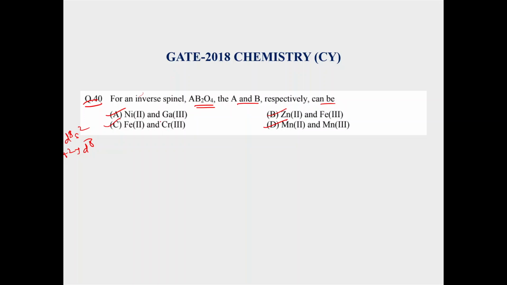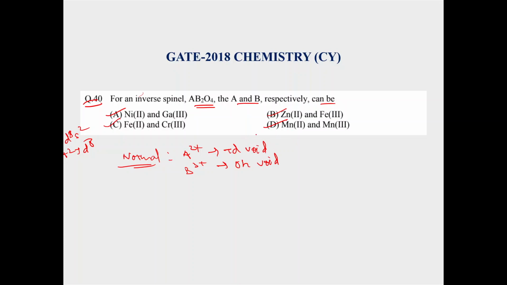normal, inverse and mixed spinel structures. So we know that if A2 plus is going to the tetrahedral void and B3 plus is going to the octahedral void, then we will get a normal spinel structure.